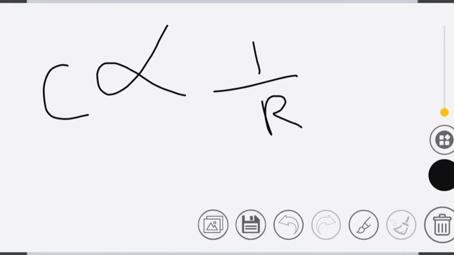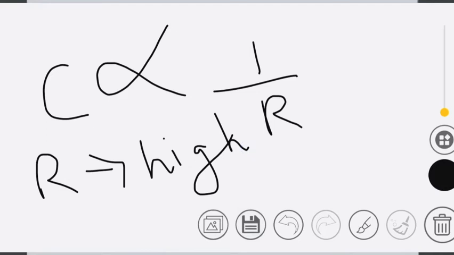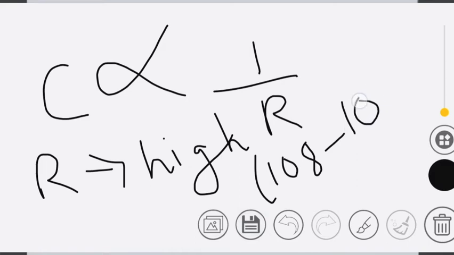So because of low conductance, resistance is high. Its range will be 10^8 to 10^15 ohm.